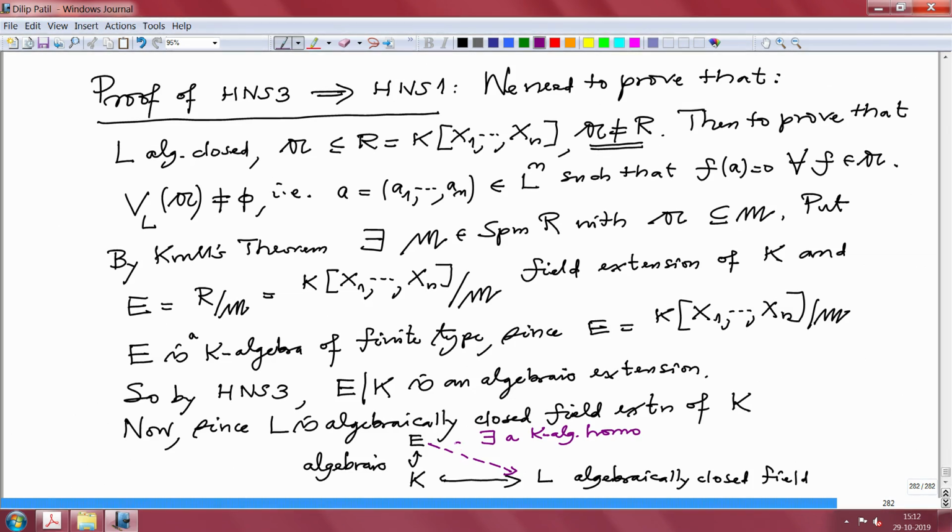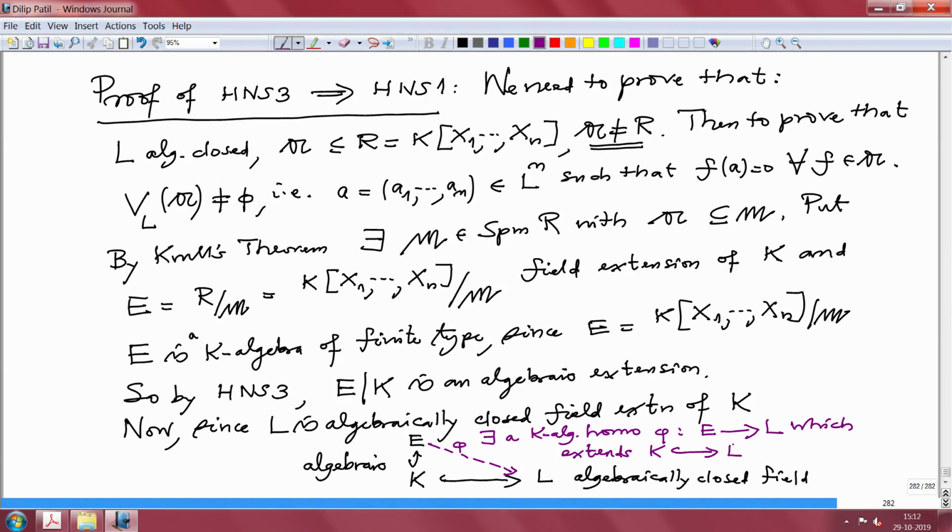Let me call it phi from E to L, which extends the inclusion.